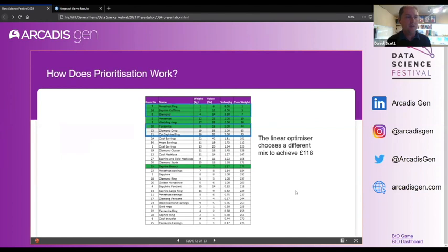But let's have a look at that compared to what the linear optimizer chooses. The linear optimizer chooses obviously a different set of things. The reason it does that is it drops out these 2 middle items here, which on paper look very, very valuable, but they are actually quite high weight. And by dropping those, it's able to get these 3 in.